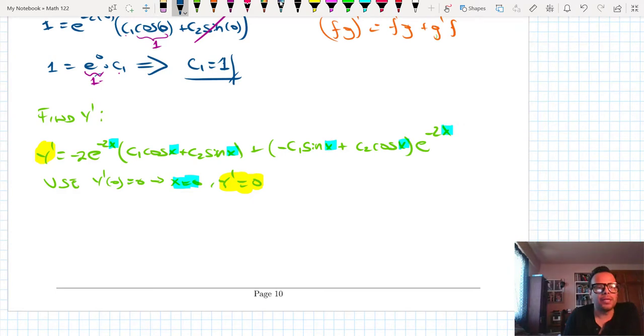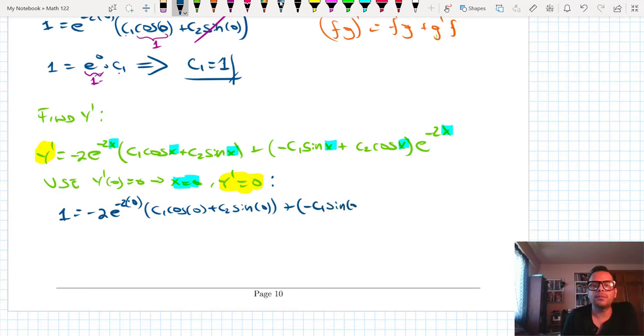Okay, so that's what we do. So this will be 1 equals negative 2 times e to the negative 2 times 0, times c1 cosine of 0 plus c2 sine of 0, plus negative c1 sine of 0 plus c2 cosine of 0, times e to the negative 2 times 0.